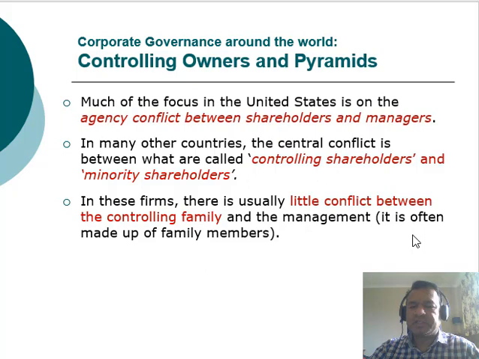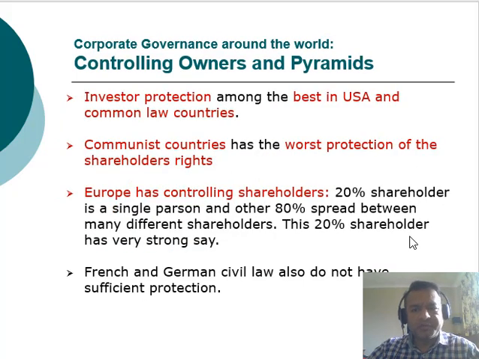And in these firms, there is usually little conflict between the controlling families and the management. However, there are different types of controlling structure of the ownership across different countries.